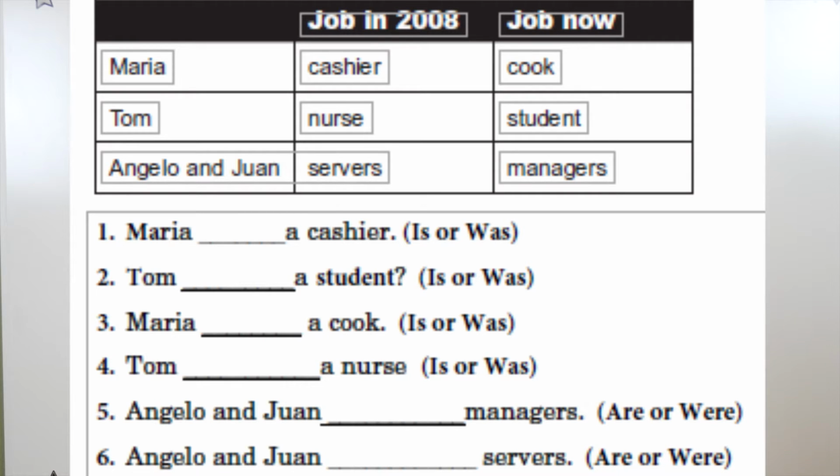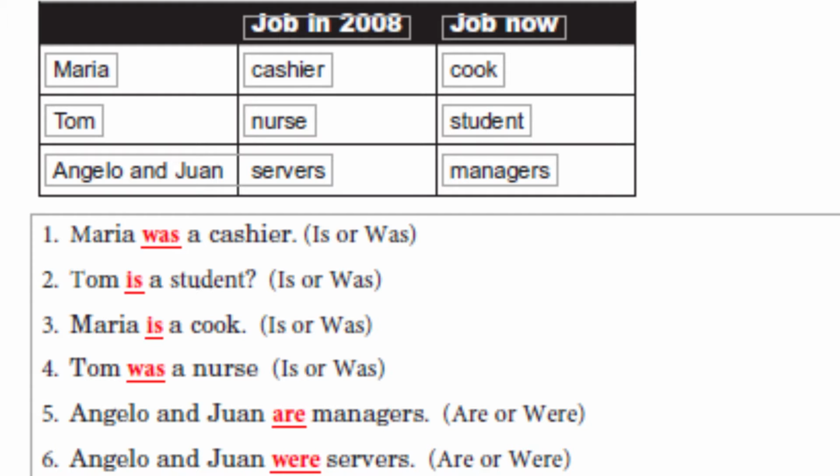Let's look at the correct answers. Number 1 says, Maria was a cashier. Number 2, Tom is a student. Number 3, Maria is a cook.